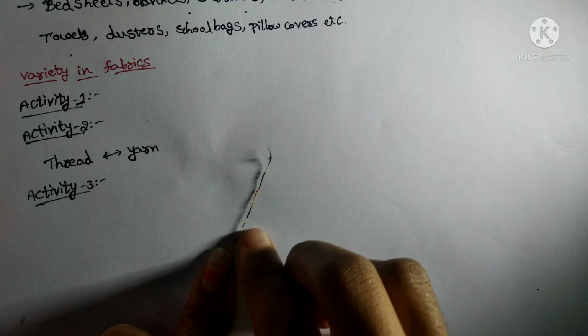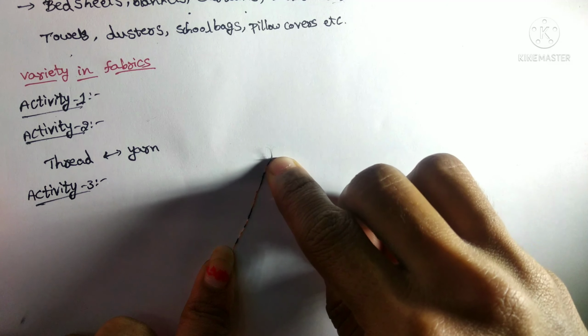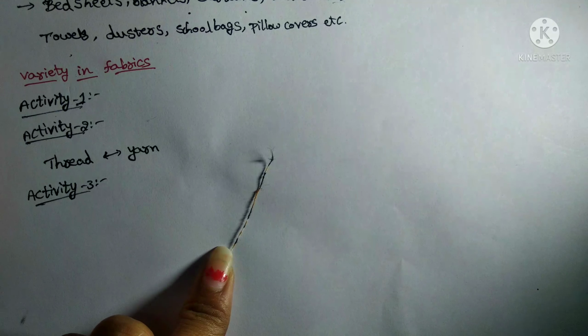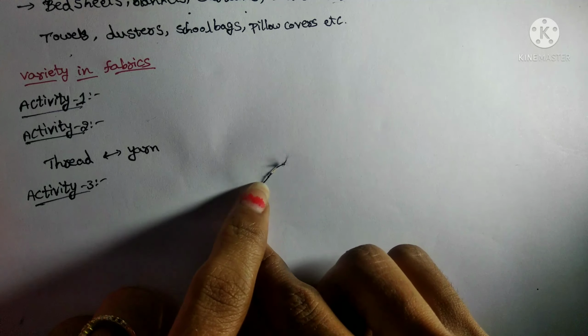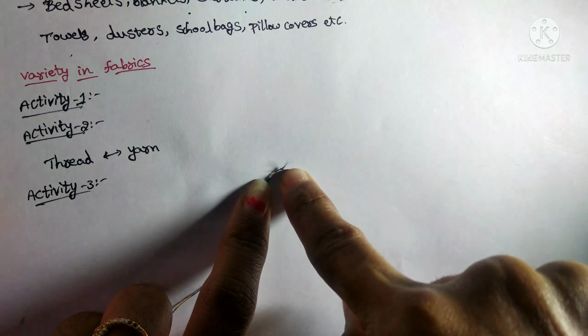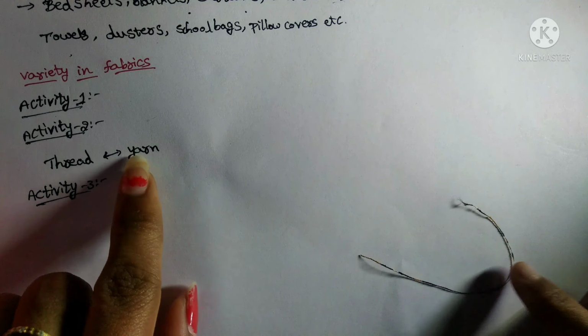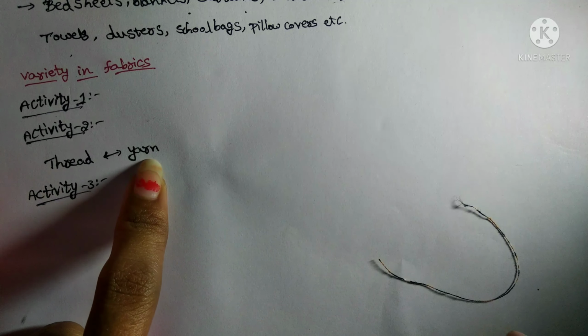The thin strands of thread that we see are made up of still thinner strands, and these thinner strands are called fibers. So yarn is a thin strand, and this yarn is made up of still thinner strands called fibers. Now, have you got the answer to the question, what is yarn made up of? It is made up of fibers.